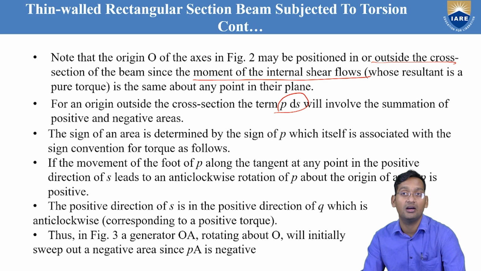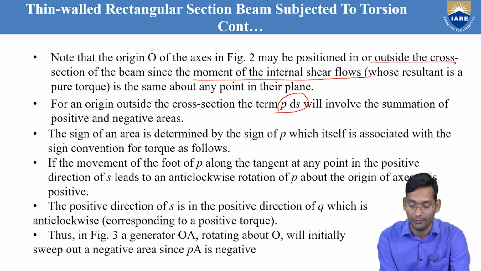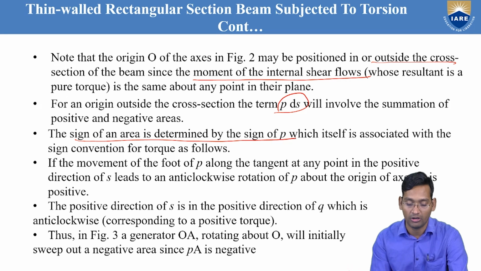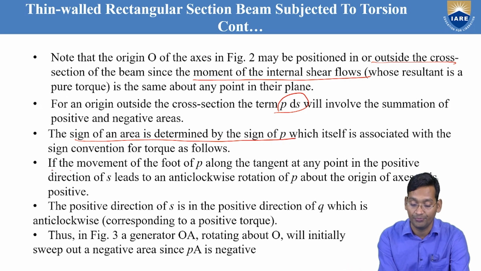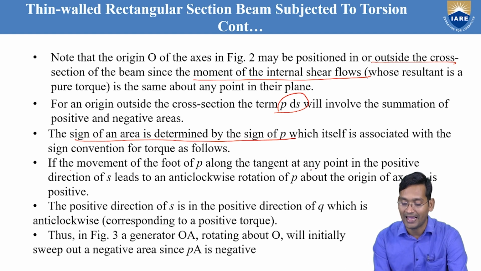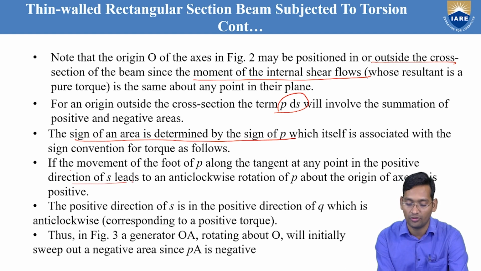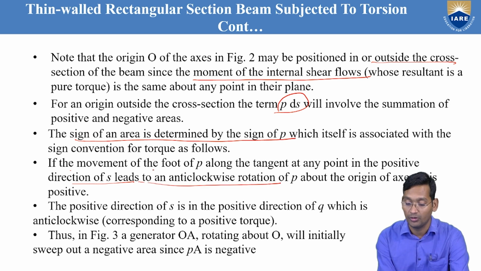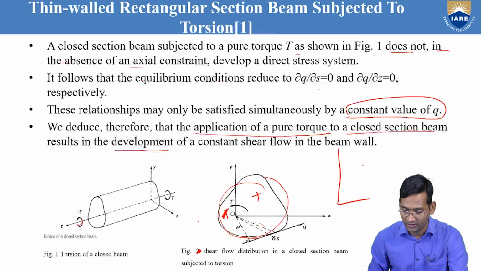The sign of an area is determined by the sign of p, which itself is associated with the sign convention for torque as follows. So just see here how that area sign will be there based on the sign of p. For that, what convention is there? See the convention. If the movement of the foot of p along the tangent at any point in the positive direction of s leads to an anti-clockwise rotation of p about the origin of axis, so see once again, foot of p along the tangent at any point in the positive direction. So see the figure, foot of p, right?